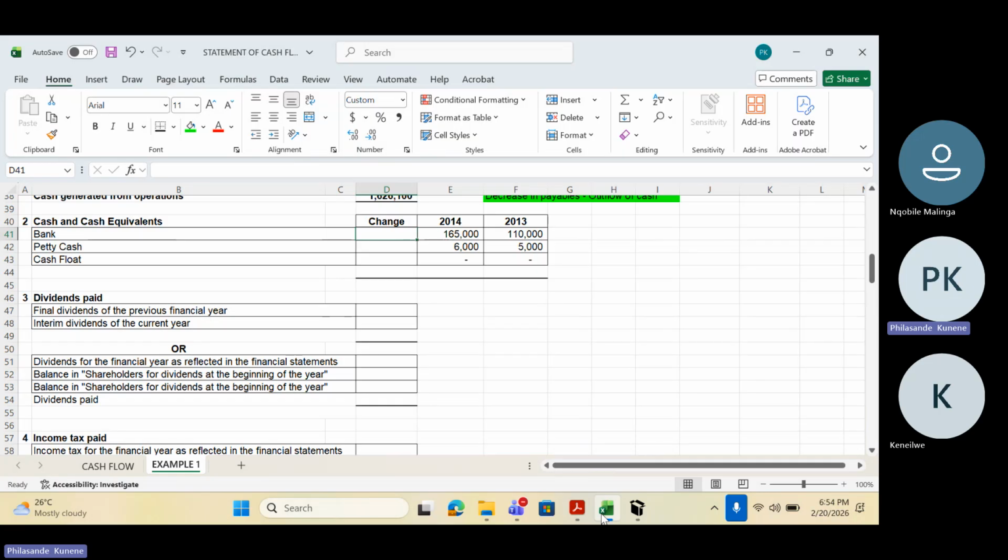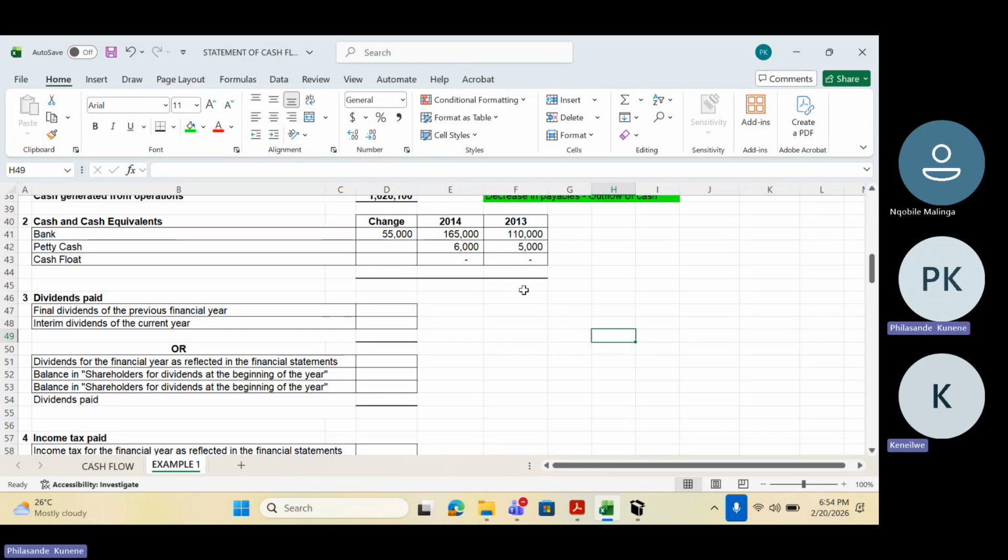Okay, it's fine, we'll close our session shortly. I was asking what is the change that we have for the bank? How much? We're having 55,000 rand. So in these 55,000 rands, is this an inflow or an outflow?